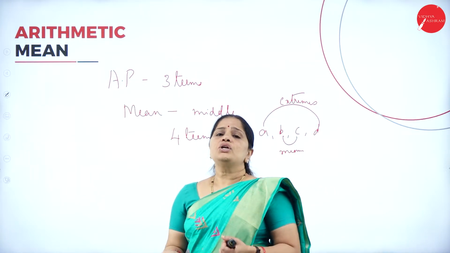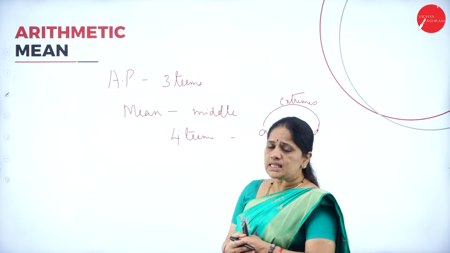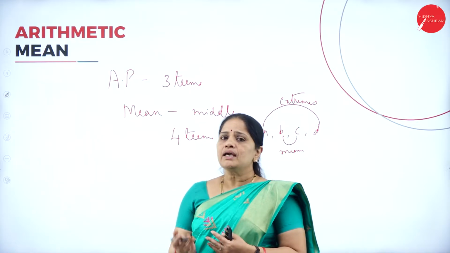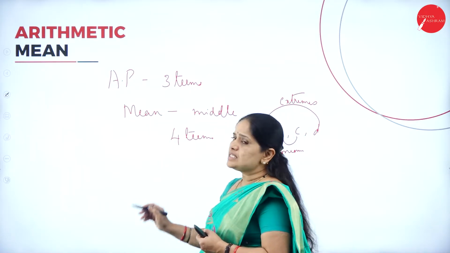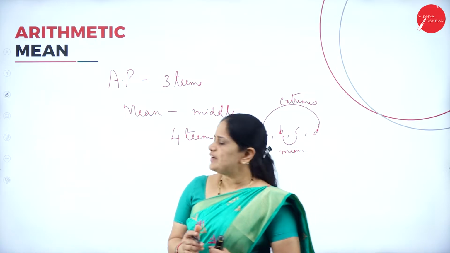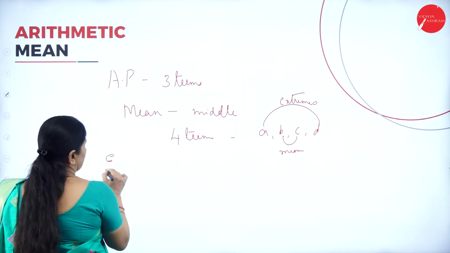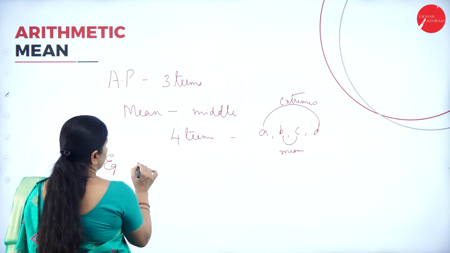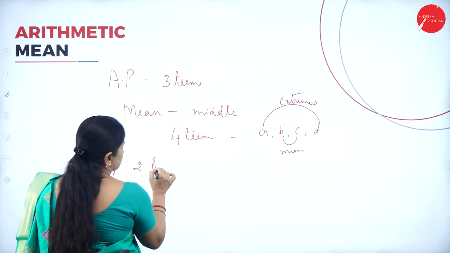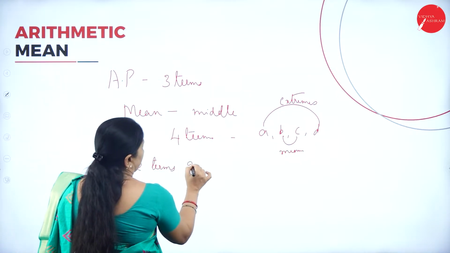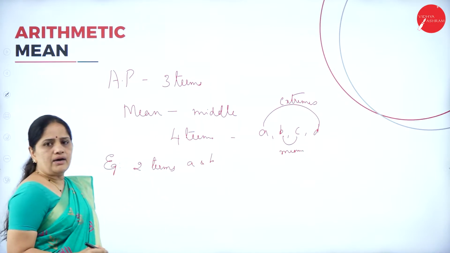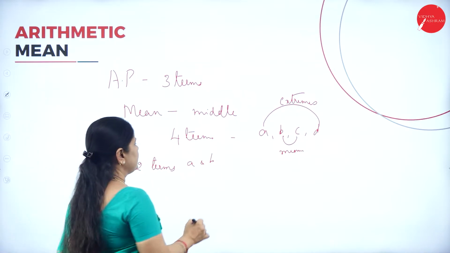Now suppose there are 2 terms, we cannot just say what the mean is, so we have to assume. For example, there are 2 terms A and B. Now we want the arithmetic mean.